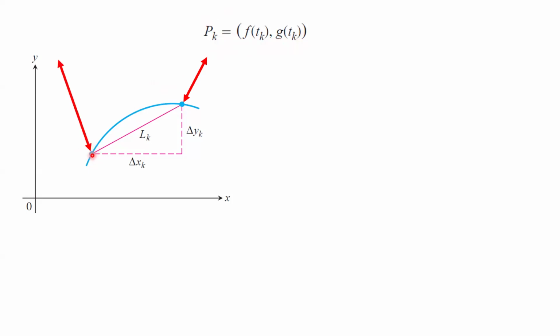The initial point here is denoted by p of k minus 1, which is x and y. Your x is now denoted by f of tk minus 1, and g of tk minus 1 is your y value. Well, you have your x values, you have your y values, so you can calculate delta x and delta y and derive a formula.